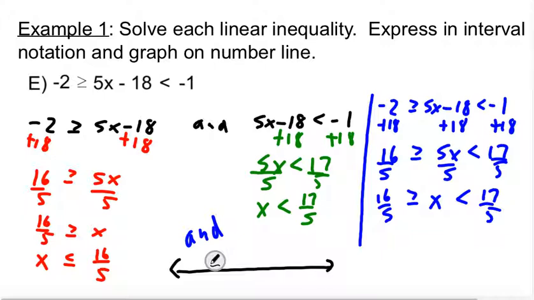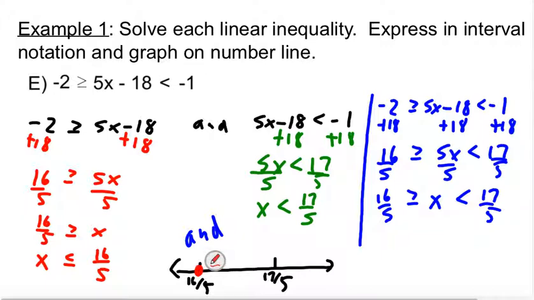So 16/5 is definitely the smaller value, so it's going to go on the left-hand side on my number line. So I'm going to do that. 16/5 and 17/5. So this one over here says x is less than or equal to 16/5. It's equal to it, so I'm going to put a solid dot there.